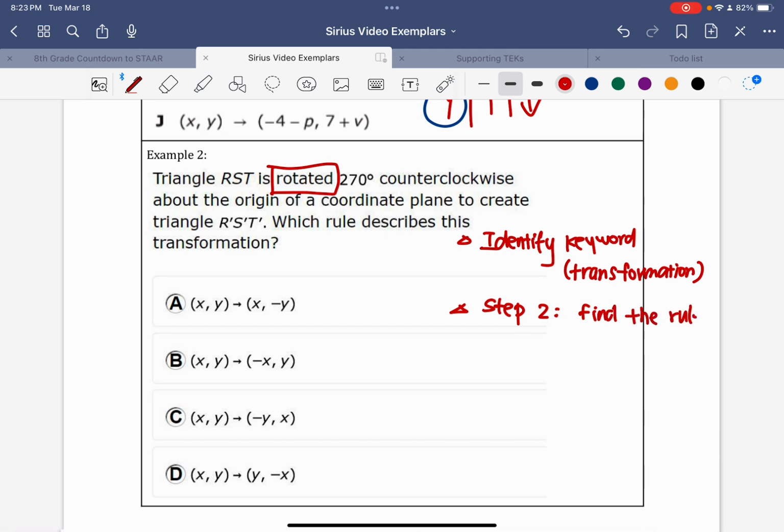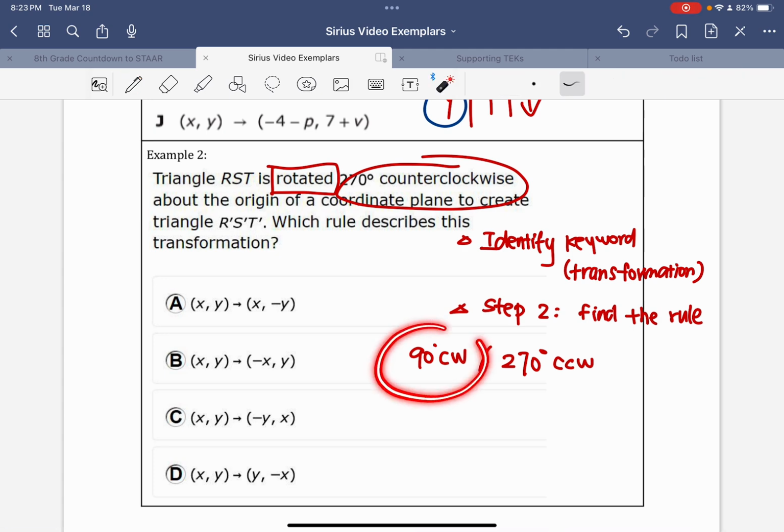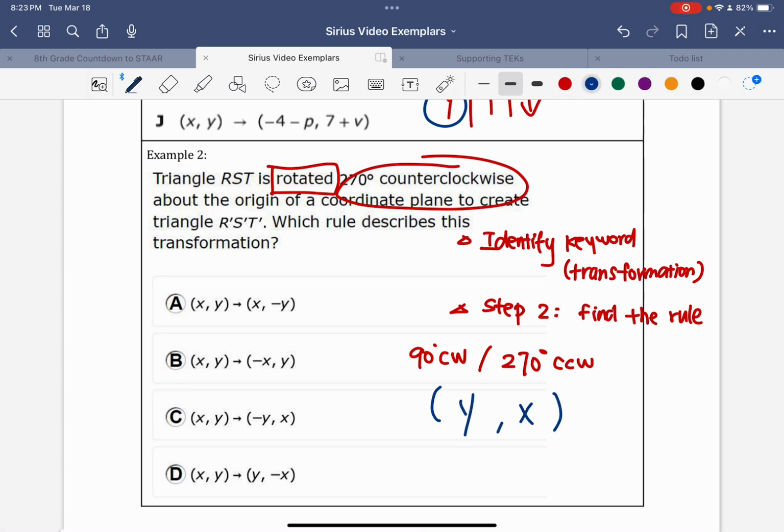Easy as that. We should know it's 270 counterclockwise. It should be the same as what? 90 clockwise. If you can write it down like this, you should know, okay, 90 clockwise. Oh, I remember. This one should be the top one. Top one is what? Y and X go flip first, and then X changes to the opposite, right? So that will be your rule, which will be y and opposite x.